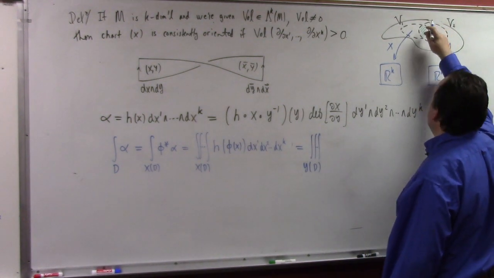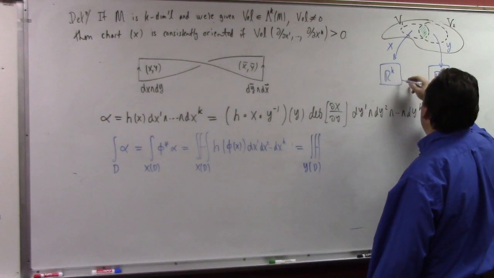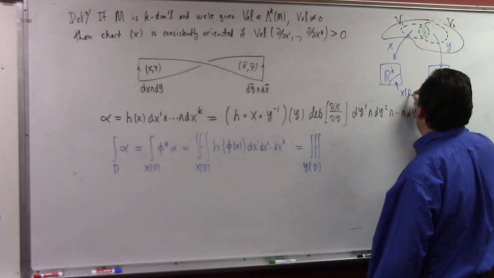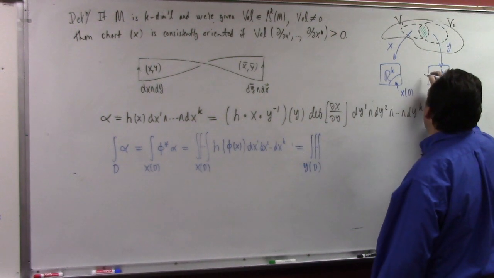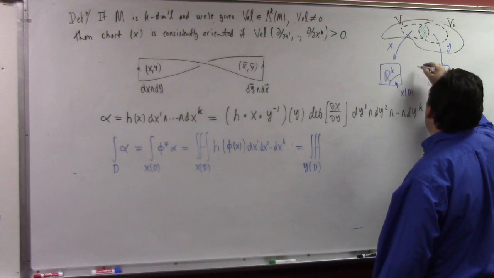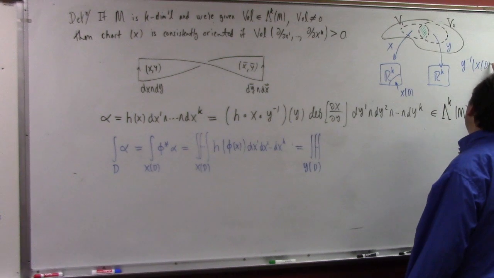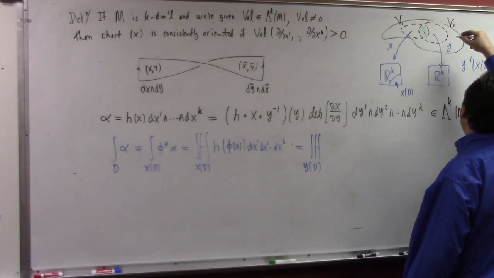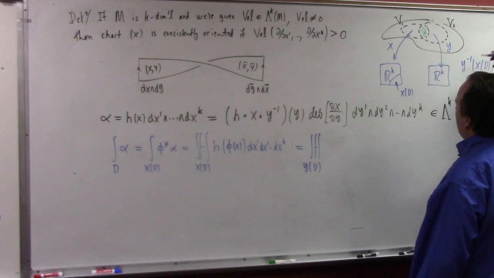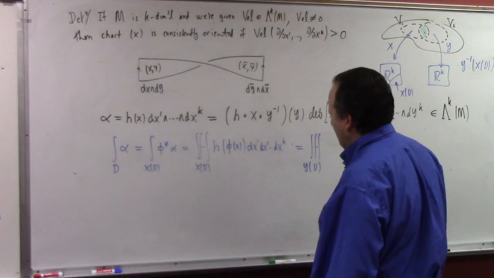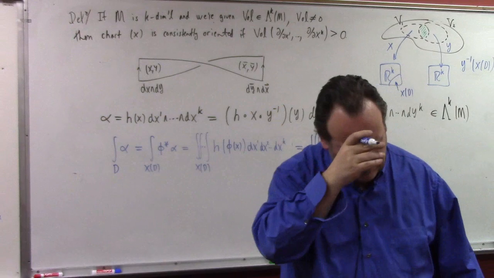If this is, down here is my x of D, and that maps over. I think I want to be looking at y inverse of x of D up here. Oh yeah, I guess it's still x of D. Oh man, I'm sorry. My brain broke.